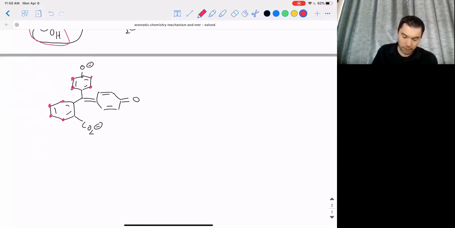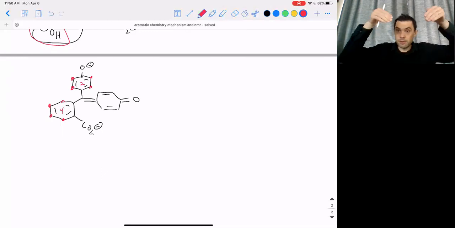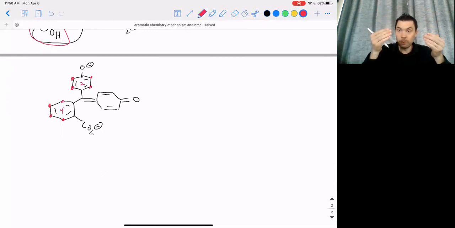So really only 6 separate ones, 4 on the first ring, and then there's 2 on this ring because they're symmetric. These are both ortho. These are both meta to the O minus. And then the same would be true over here. So those 2 are going to be the same, and then these 2 are going to be the same. And so there should be 2 unique ones from here. And so one common answer here would be 8.